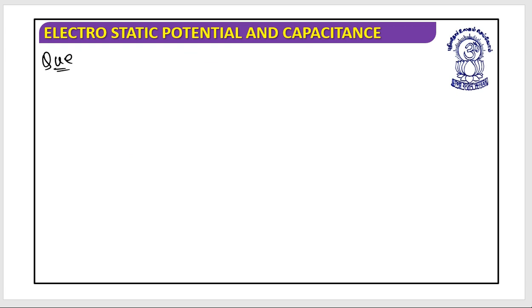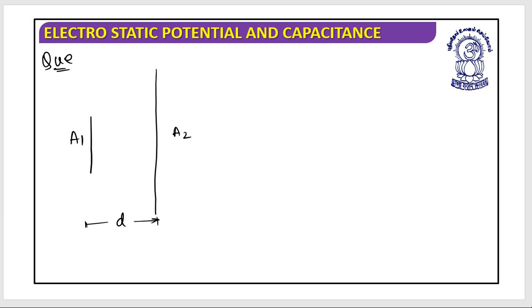The next is, let's say this is the first plate A1 and this is the second plate of a conductor, and this is the separation between two plates.